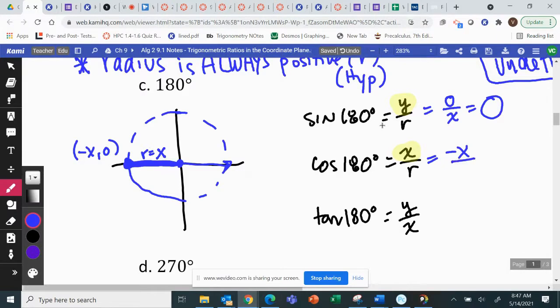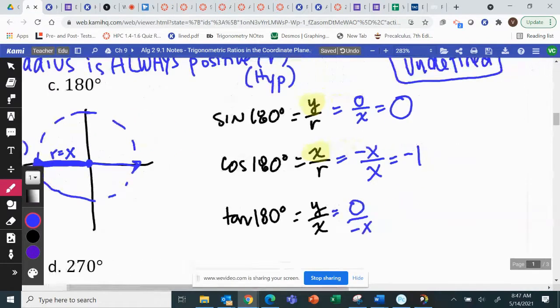My r value is positive x. So the cosine is -1. And then tangent, y over x. So the y value is 0. I don't even need to finish, because if I have 0 on top, the answer is going to be 0.